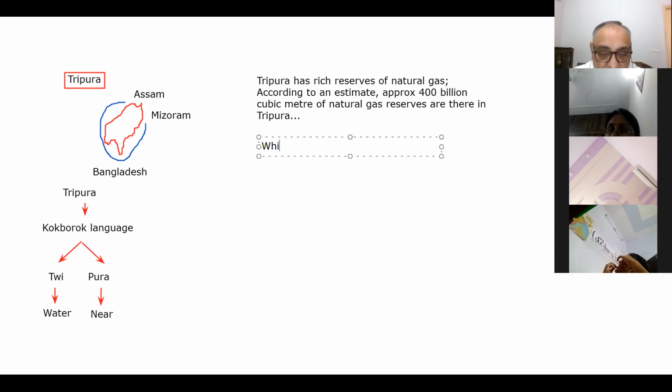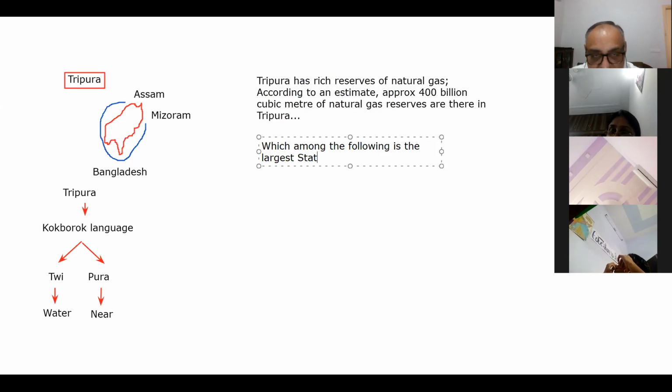Which among the following is the largest state of Northeast India in terms of area?